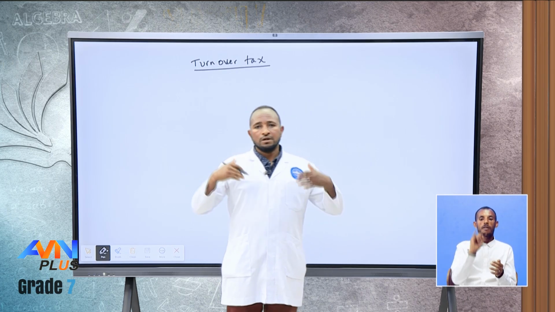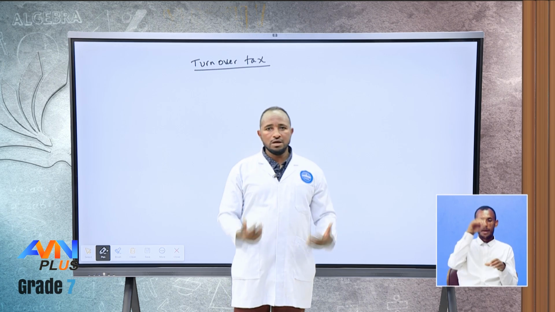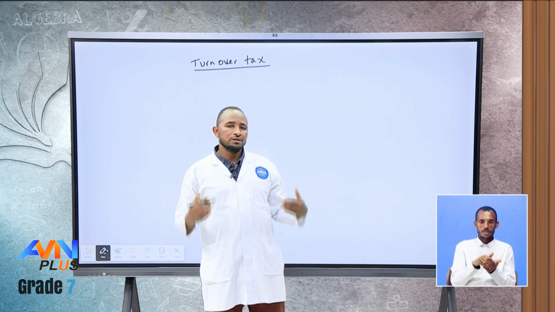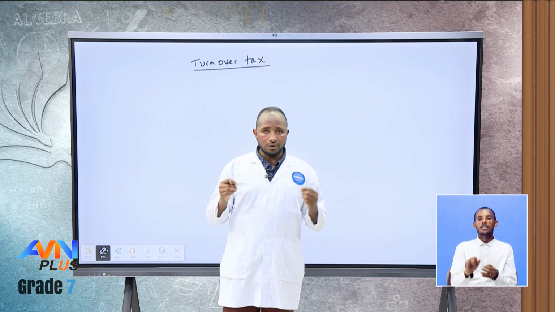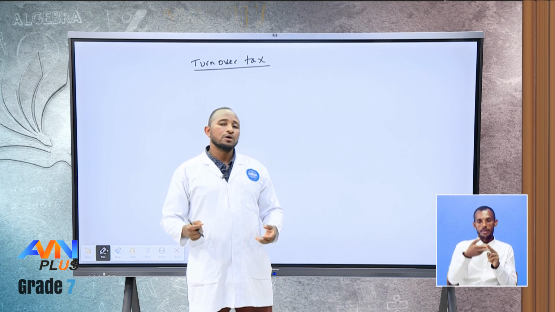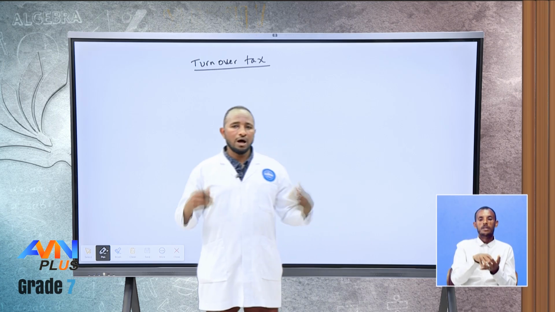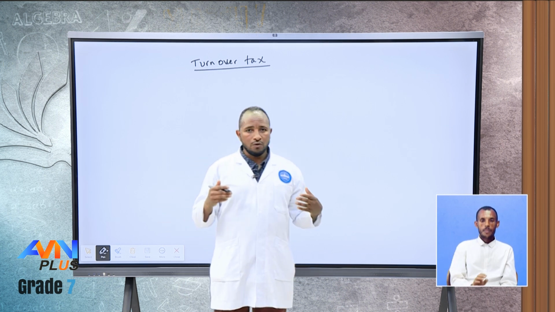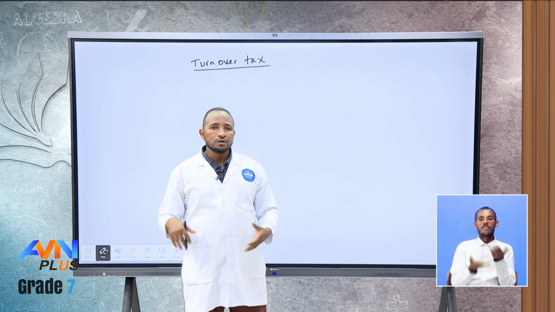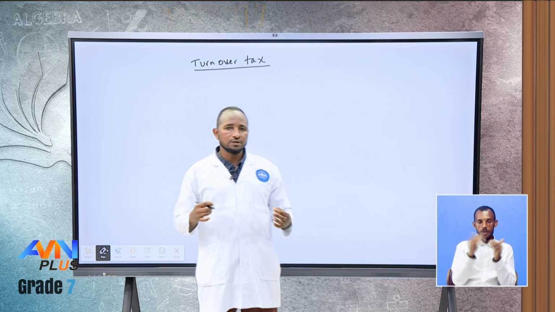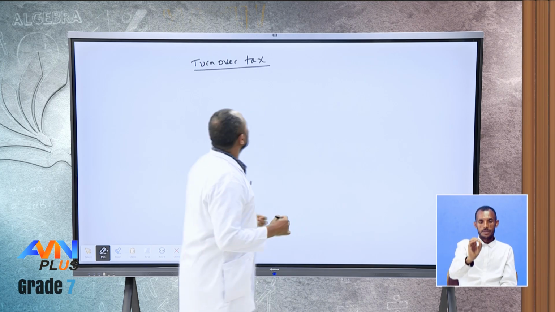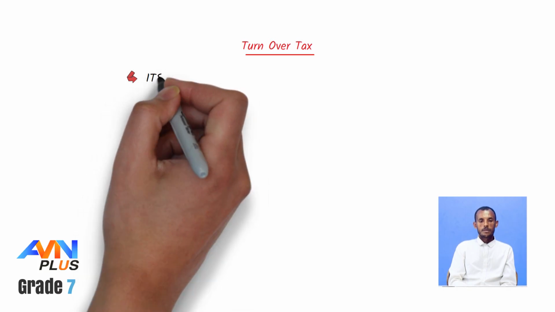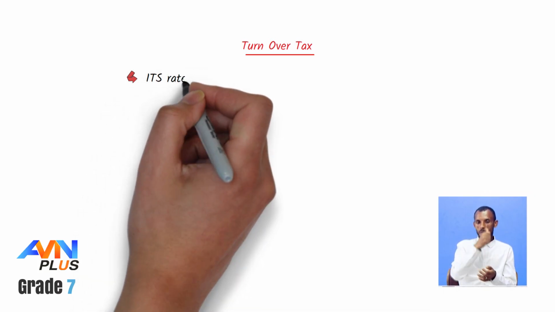If the annual income of a given merchant is less than 500,000, that merchant is registered to collect turnover tax. In the Ethiopian context, the turnover tax rate is 2% on goods sold and services rendered locally.